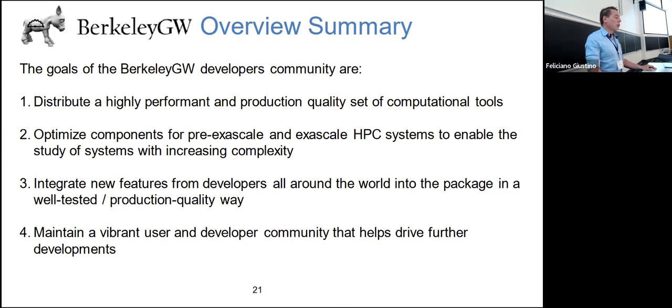So we make sure to optimize our software in order to be able to run efficiently on any kind of architecture. We integrate new features from developers all around the world in the package in a well-tested and production quality way. And we try to keep a close connection with our vibrant user and developer community, which helps to drive the developments even further.